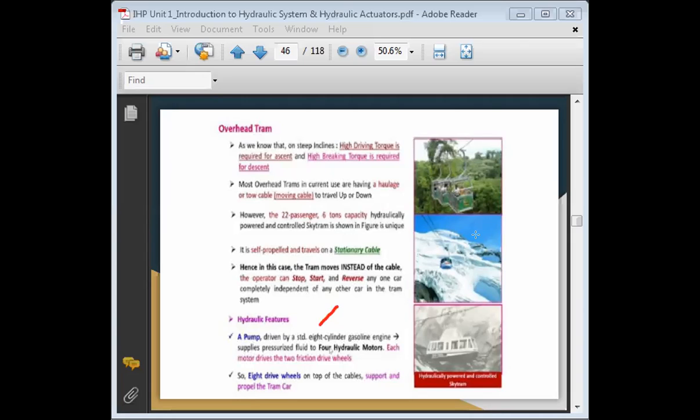But what I am showing here, in the third picture, is a 22 passenger, 6 ton capacity, hydraulically powered, hand controlled sky tram, which is unique in nature. So this is another application of hydraulics, the overhead drive.